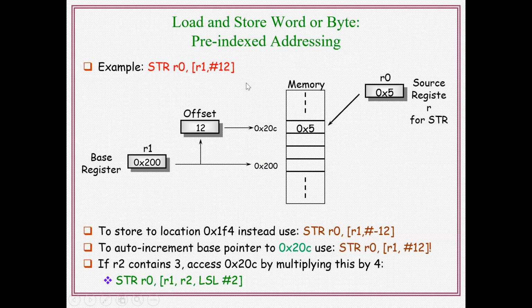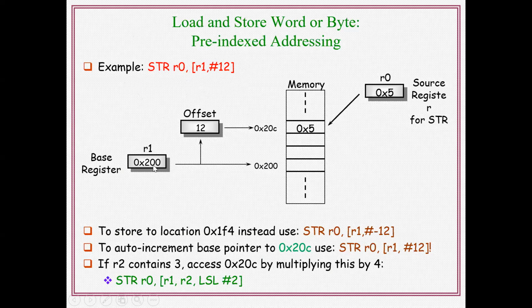So we will see the example. STR R0, [R1, #12]. Here R1 is the base register and 12 is the offset. The sum of base plus offset finalizes the memory location. Here, the instruction indicates a transfer between the register R0 and the memory location pointed to by base plus offset.